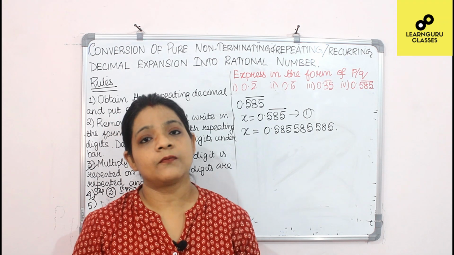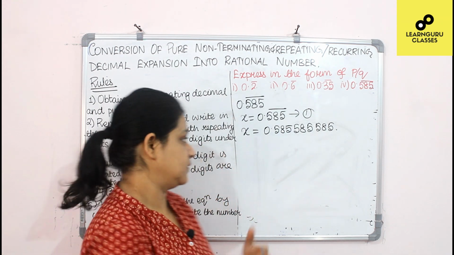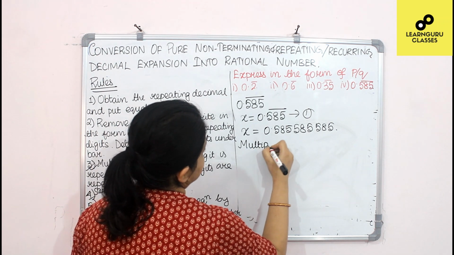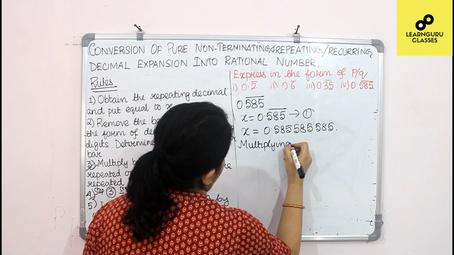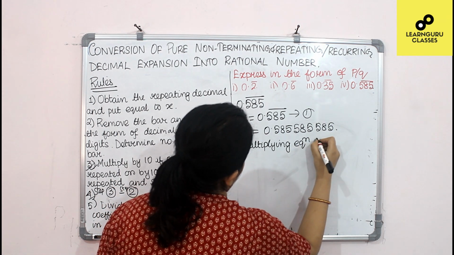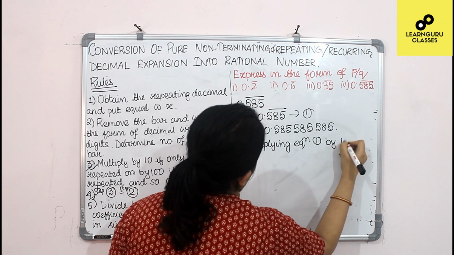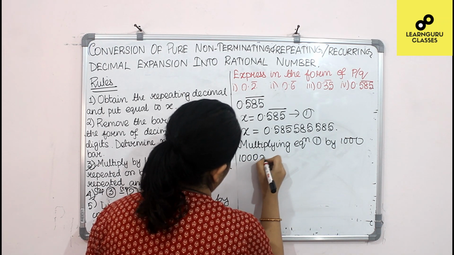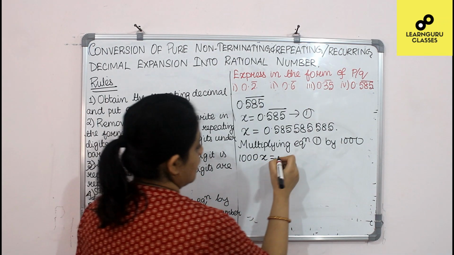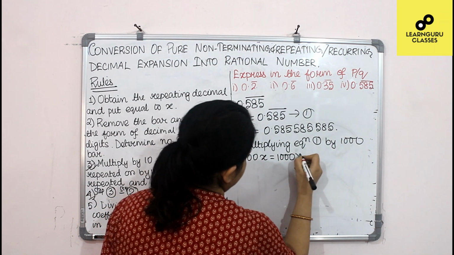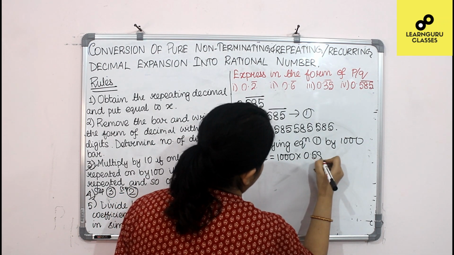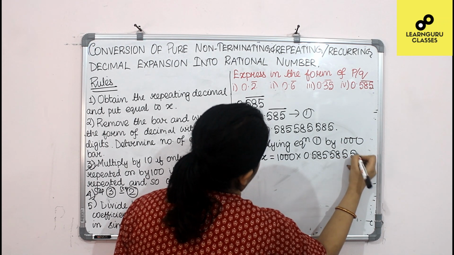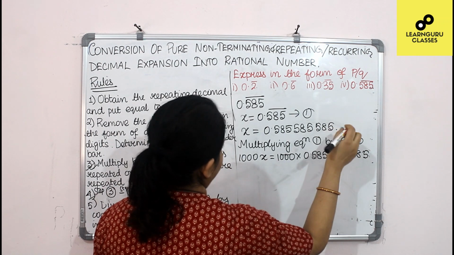So multiplying equation 1 by 1000, 1000 into x equal to 1000 into 0.585 repeating.